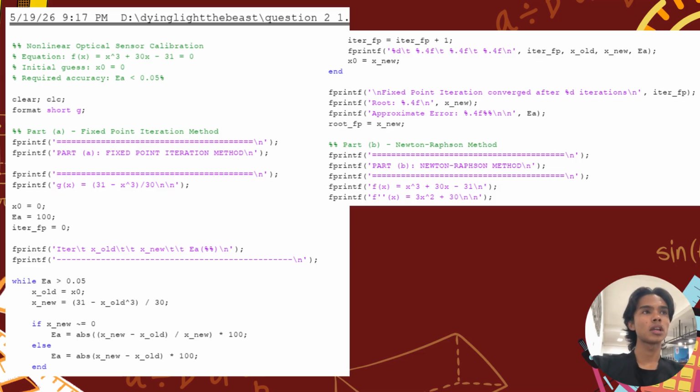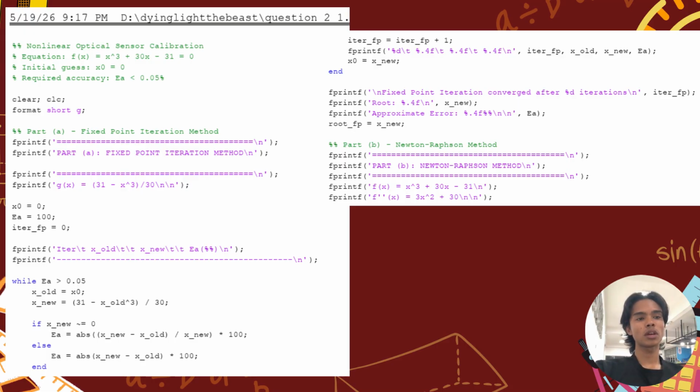And now I'm going to explain the MATLAB code for question 2.1. As you can see, the code is divided into a few subsections, which is the code for the fixed point iteration method, and at the end the fixed point iteration converges at the percentage of iterations.